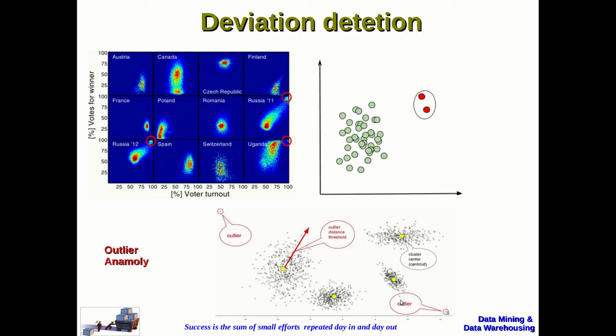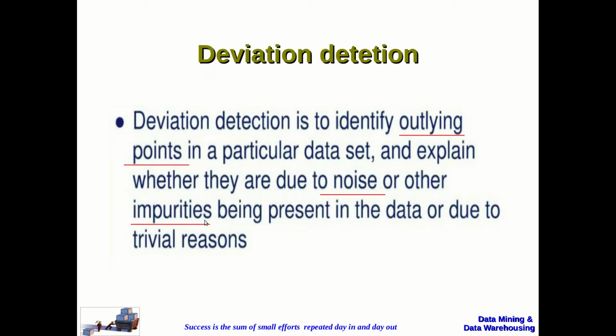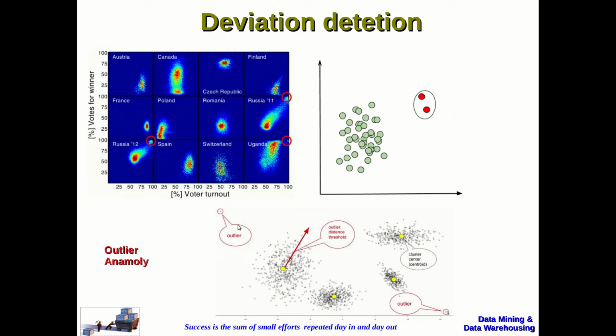So these data points are deviating from the normal data set, which can be called an outlier, or an anomaly that is detected in the existing data set. So these anomalies or outliers will be analyzed to check whether any noise or impurity is there in the data set, or why this particular data point is completely deviating from the normal data set. These kinds of analysis can be done if we have the deviation detection technique.